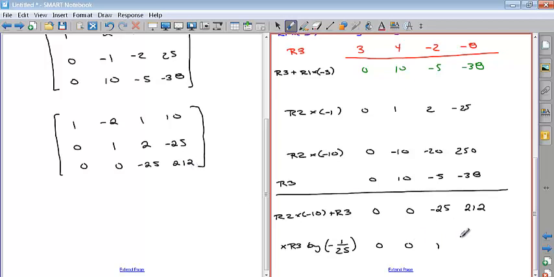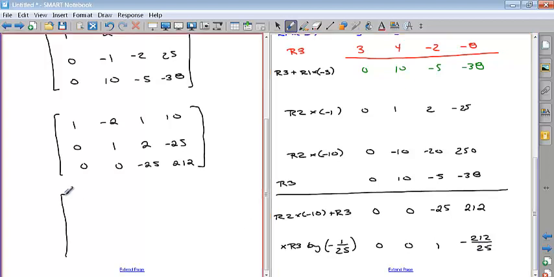And here I get negative 212 over 25. So my final matrix is going to be 1, negative 2, 1, 10, 0, 1, 2, negative 25, 0, 0, 1, negative 212 over 25.